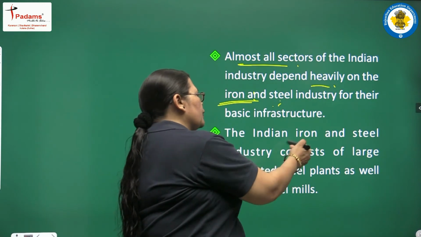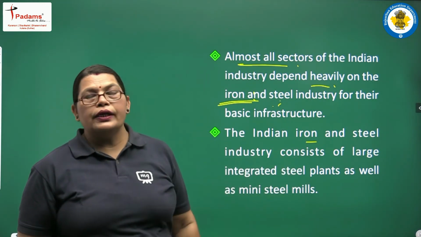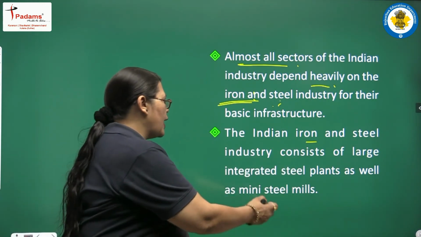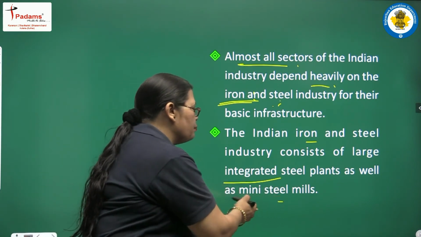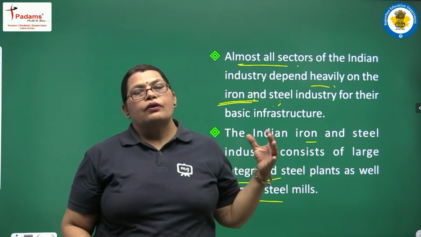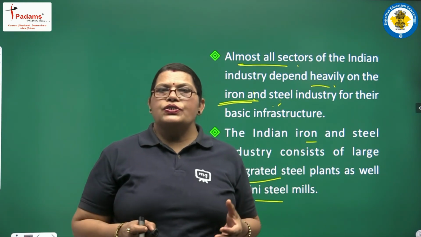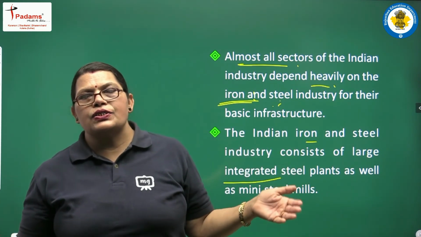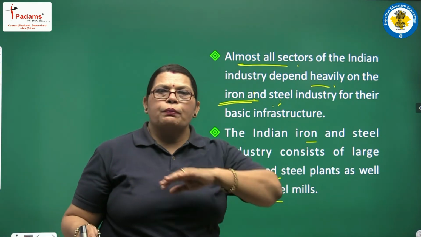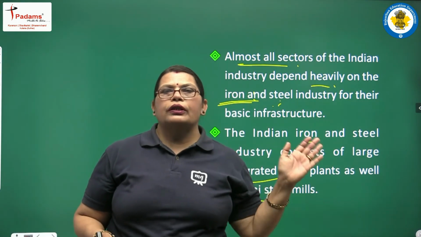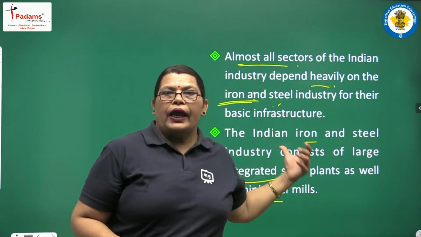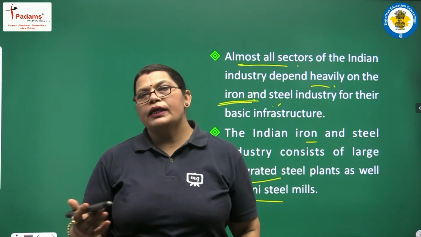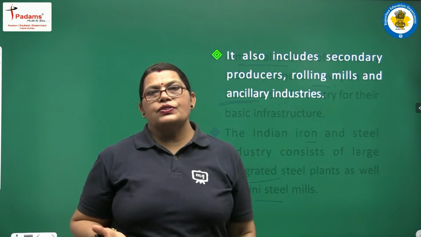When we are talking about the Indian iron and steel industry, it consists of large integrated steel plants as well as mini steel mills. It means we have both mini steel mills and large steel plants for producing different things, and for the purpose of large infrastructure we have both mini mills and large industries set up.